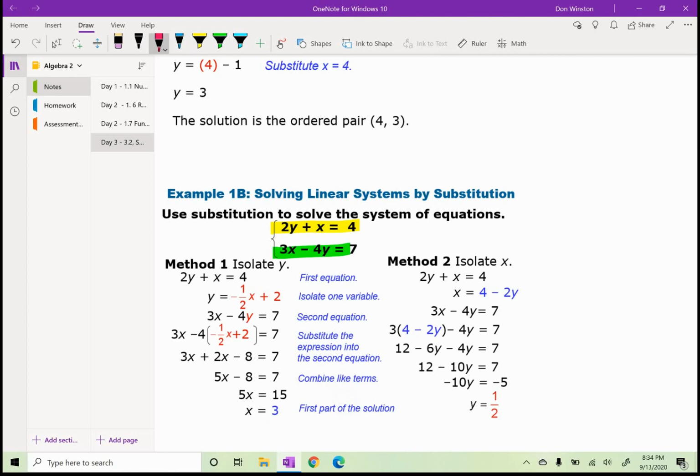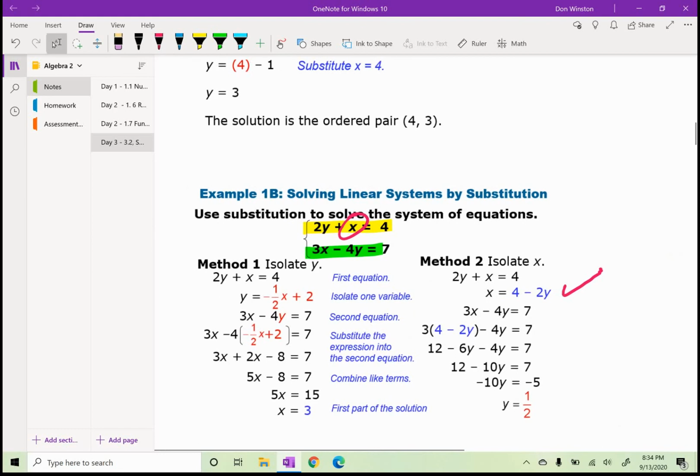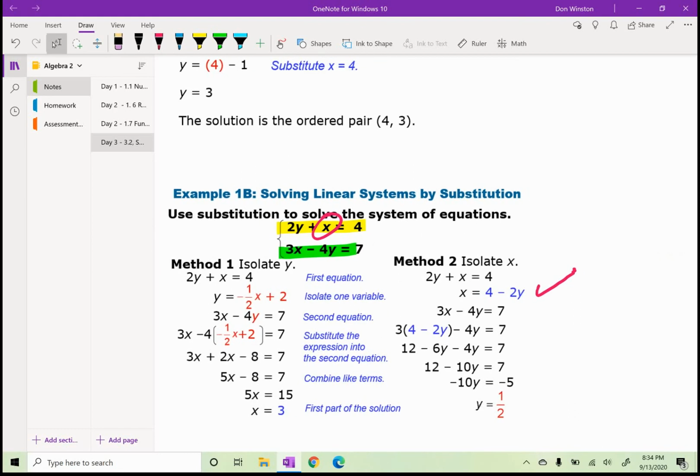Well, maybe the easiest thing to do here is to solve for x. So in solving for x, I would subtract 2y from both sides, and I would get x equals 4 minus 2y. So x is solved for already. Okay, we're going to come back to that equation after we solve for what?